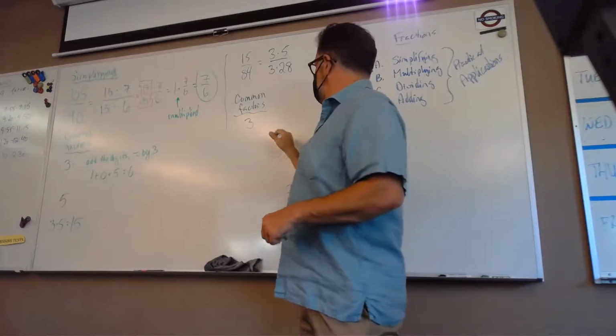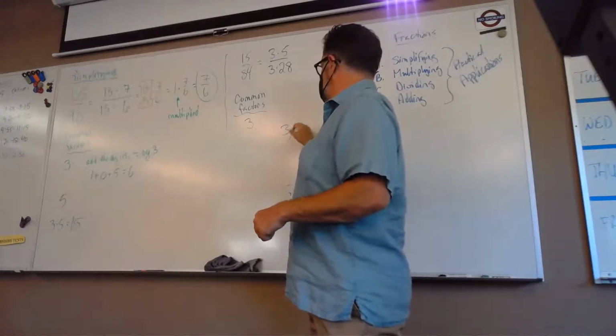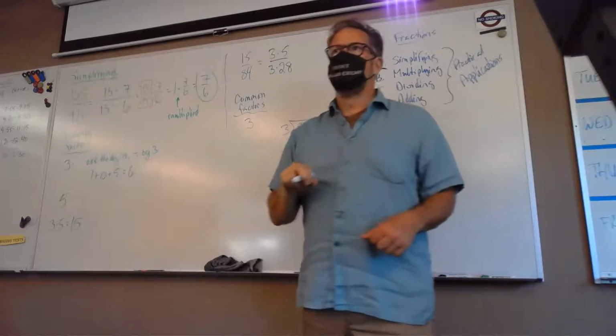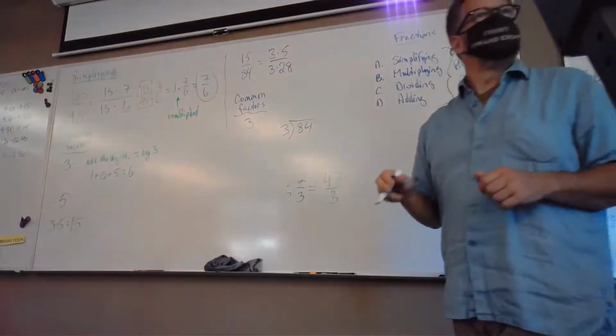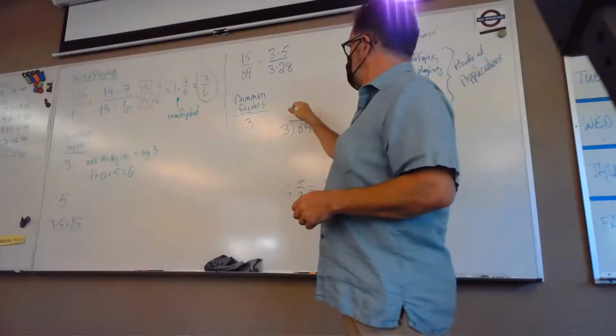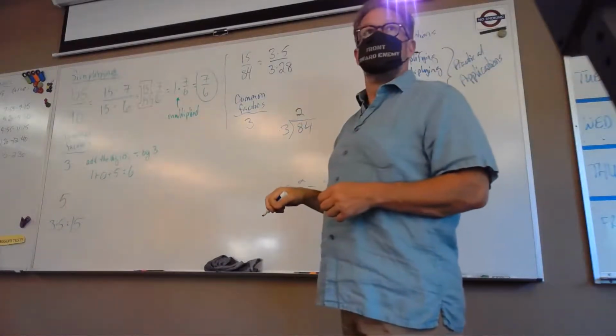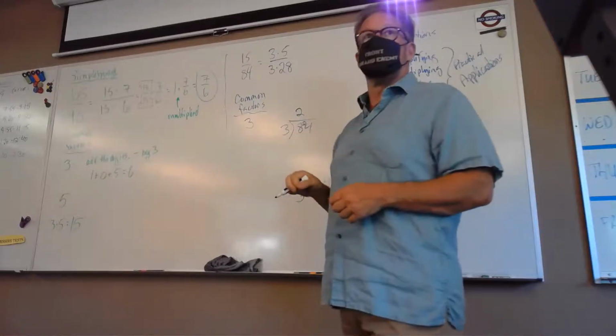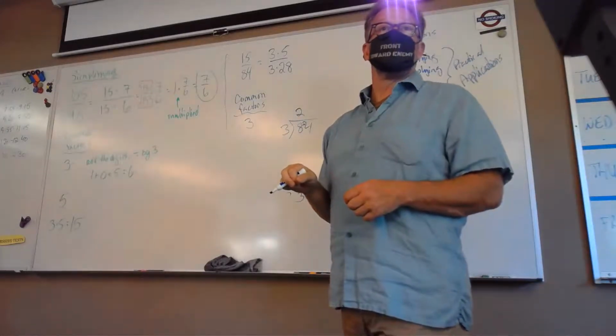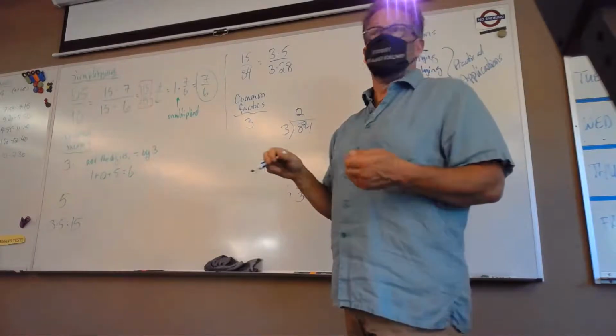Guys, do you know how to do 3 into 84 in your head? 3 goes into 8 how many times? Remainder? 2, which means I'm left with 24, agreed? 3 goes into 24 how many times? 8.